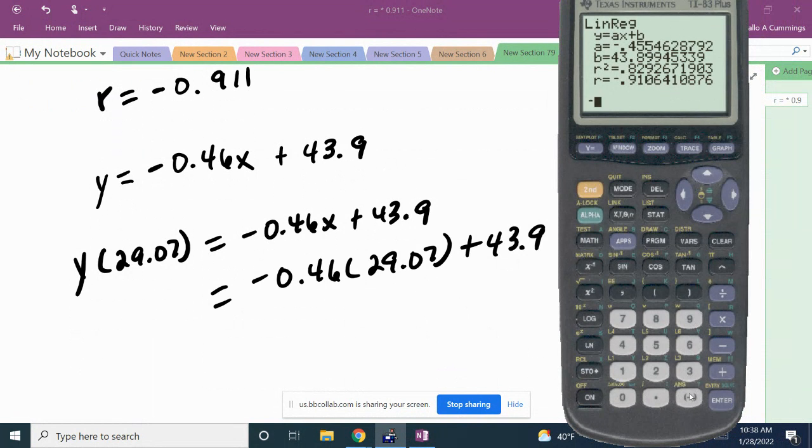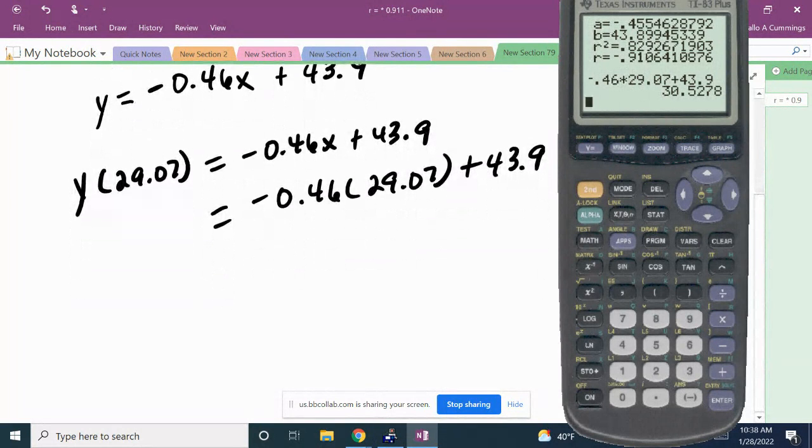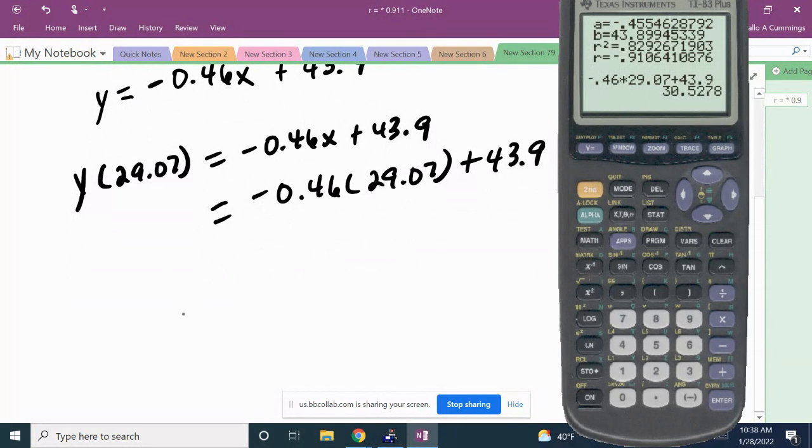And I'm going to use the calculator to calculate that. So I have negative 0.46 times 29.07 plus 43.9. So we have 30.53.